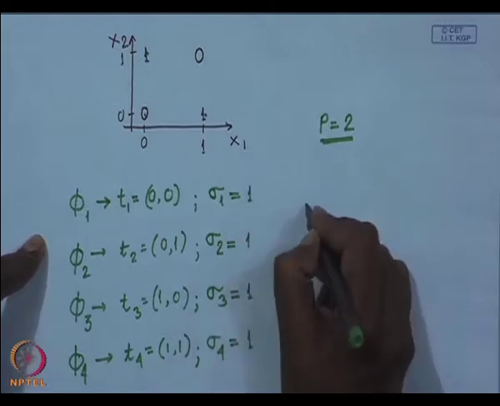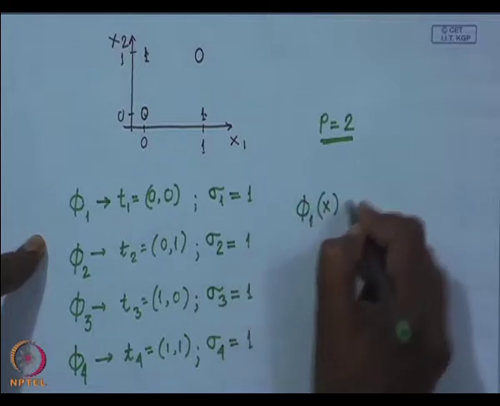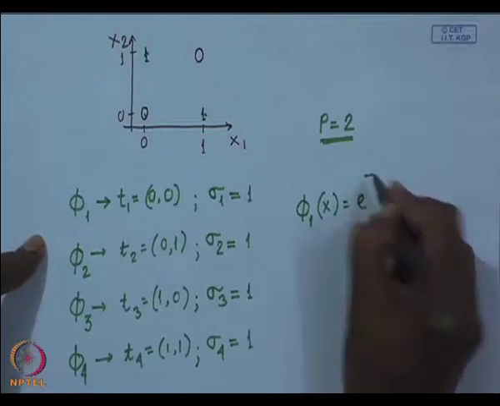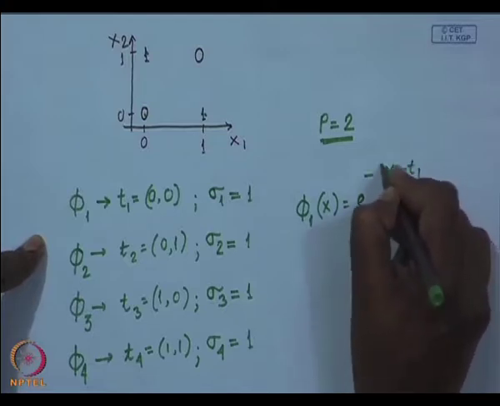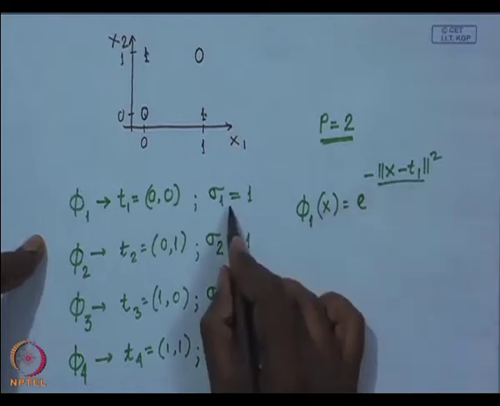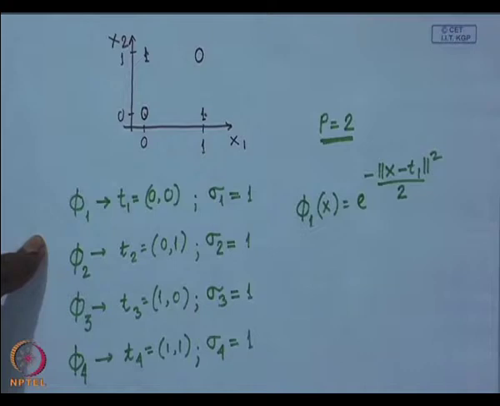So, I get phi 1 x, which is of the form e to the power minus x minus t 1 square upon 2 sigma 1 square, and sigma 1 being equal to 1, this will be equal to 2.